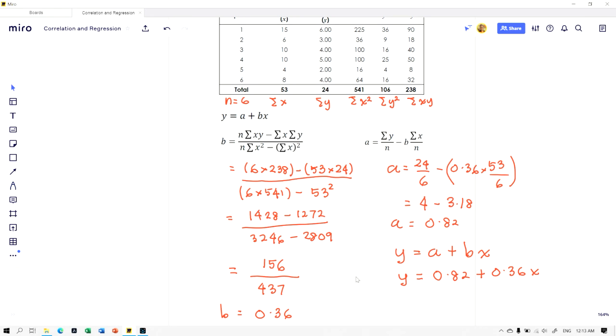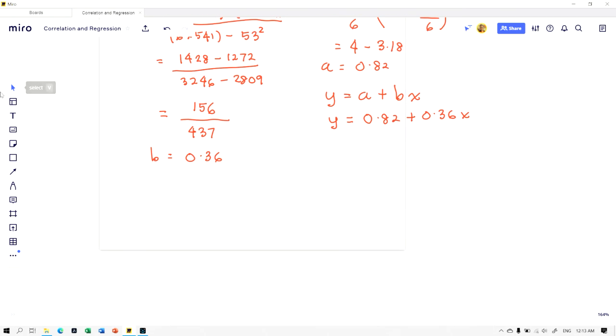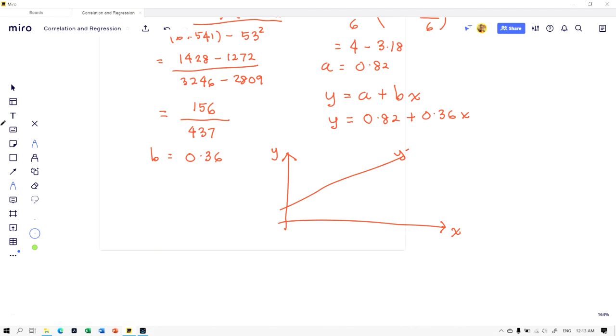If we were to draw the graph represented by this regression equation, we will have something almost similar to this, where the vertical axis is the y value and the horizontal axis is the x value, and the regression equation is given by y equals 0.82 plus 0.36x.